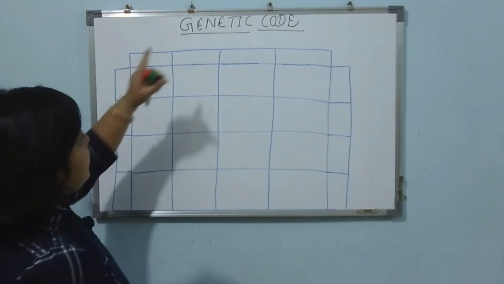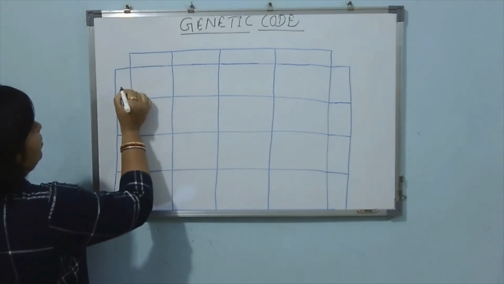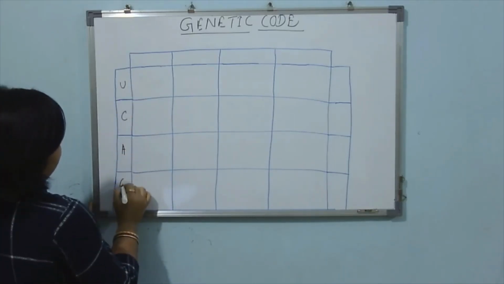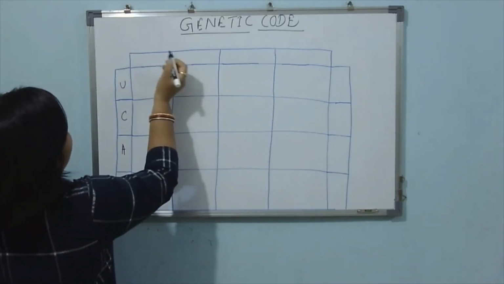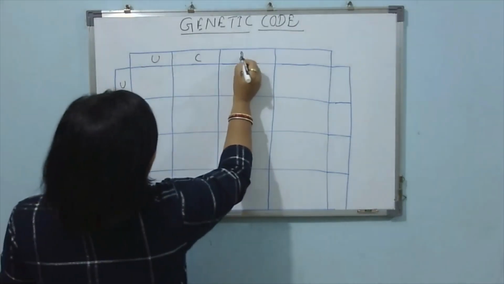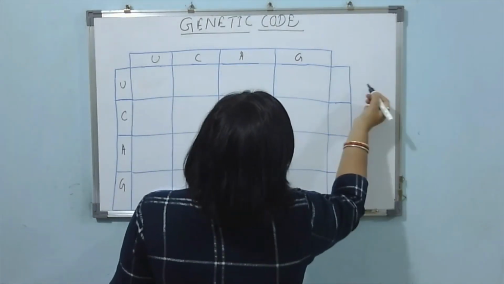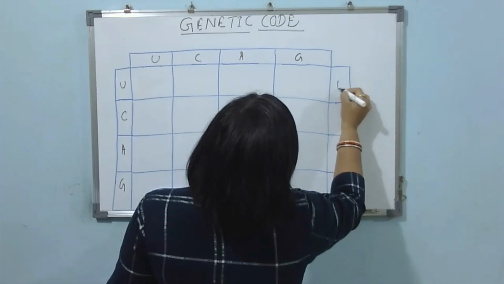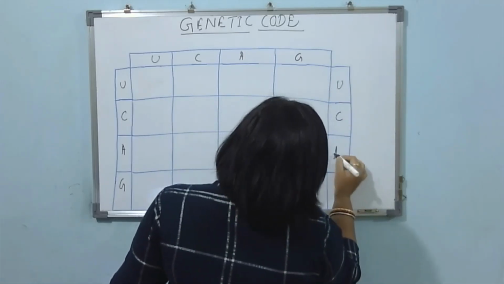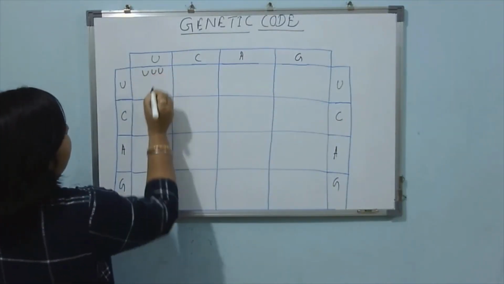We can write this genetic code in this way. This is the first letter of the triplet codon: U, C, A, G. This will be the second letter of the triplet codon: U, C, A, G. This will be the last letter of the triplet codon: U, C, A, G. So how can we write it? UUU.